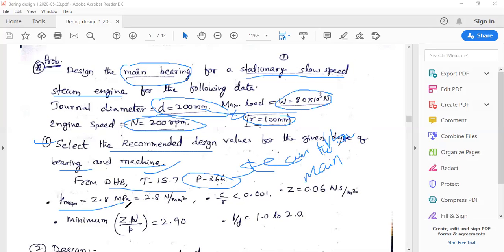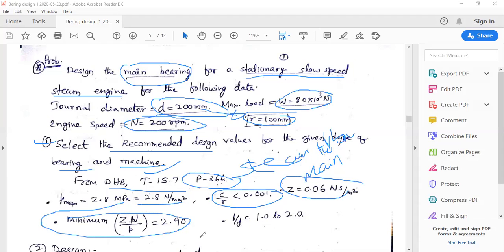So the maximum pressure here is 2.8 megapascal or 2.8 newton per mm square, and the radial clearance ratio or C by R ratio is given as less than 0.001, and the absolute viscosity is given here as 0.06 newton second per meter square, and the minimum value of Zn by P, which is called the bearing modulus, is given as 2.90.